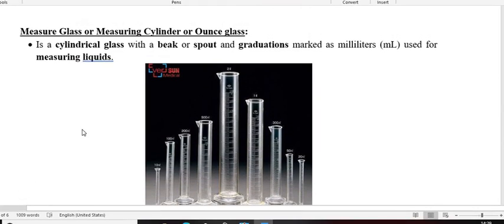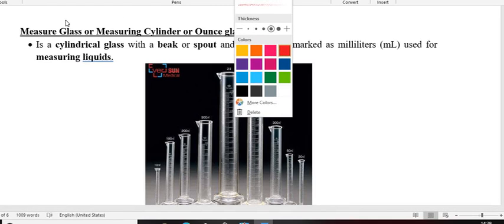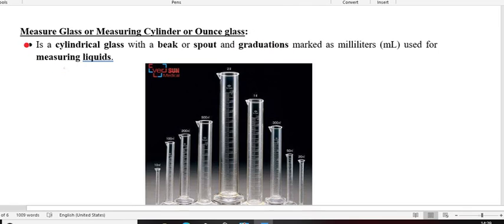Now we have to go through the measuring cylinder. So what is this measuring cylinder? A measuring cylinder is also known as a measure glass, also known as an ounce glass.